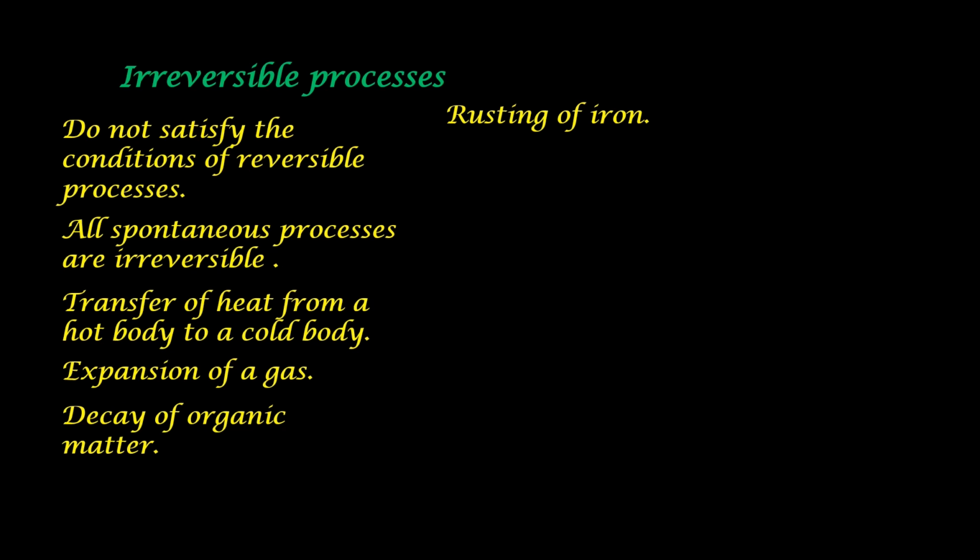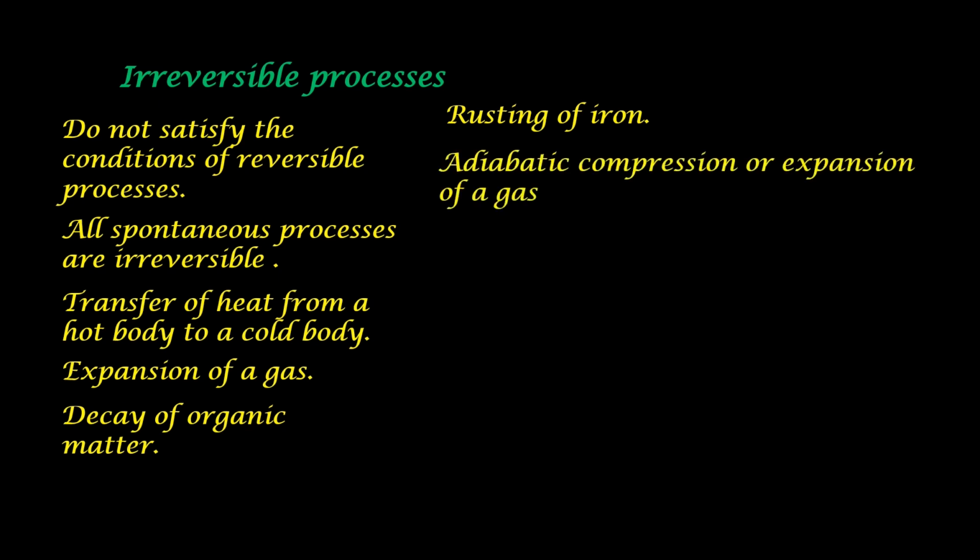You know, when iron is left in the environment and exposed to high temperature and water or even atmospheric moisture, then it undergoes rusting. You cannot get back the iron. The iron is damaged once and for all. It loses its strength. Adiabatic compression or expansion of a gas is an irreversible process. Most of the processes that take place in nature are irreversible.